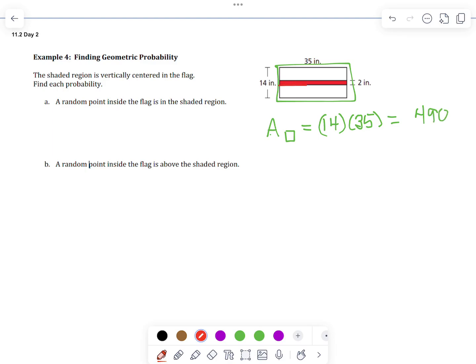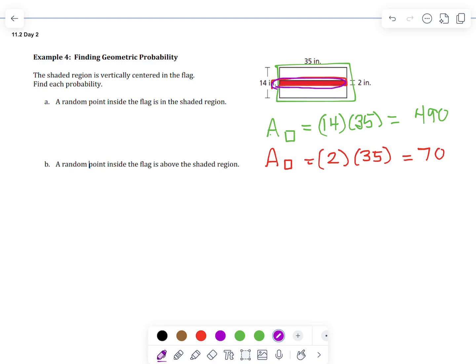And then we have the area in the red, the smaller rectangle, and its length and width, so 2 times 35, we get 70. All right, now what we're going to do is answer part A. It says, if we randomly select a point inside the flag, what will be the probability that we land in that shaded region?